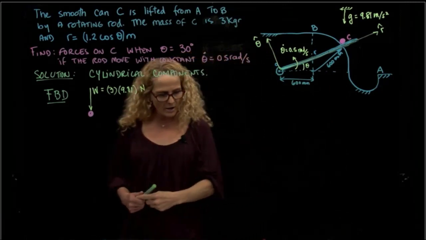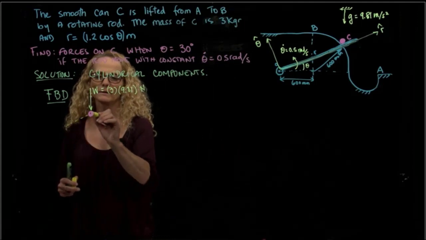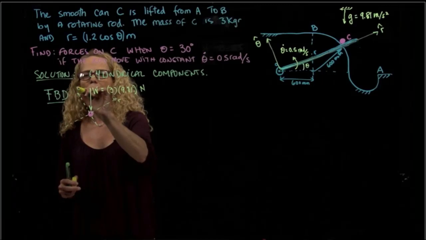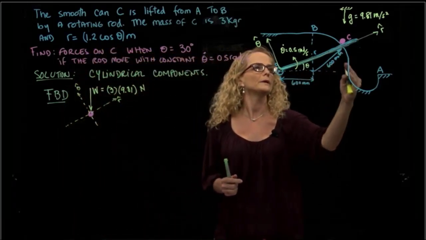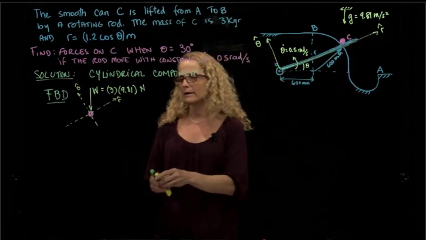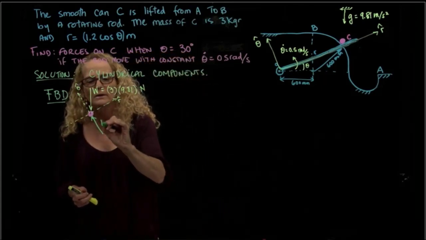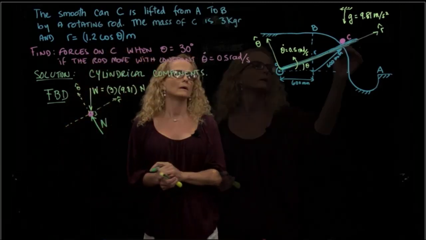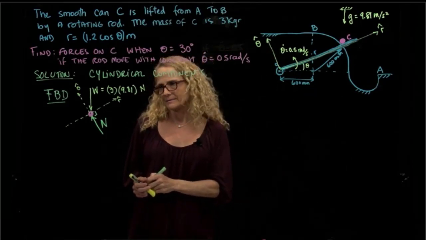If we draw our coordinate system as radial and theta, we know that our normal N will be perpendicular to the R axis.